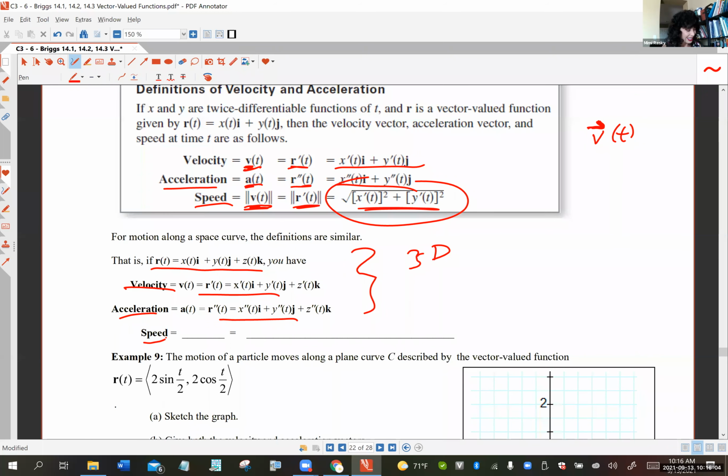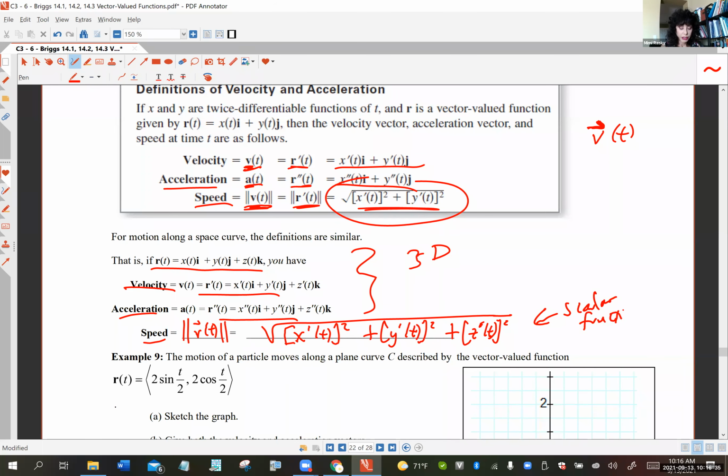And speed, which is the magnitude of the velocity vector, is going to be equal to, fill in the blanks here, a big old square root of x prime of t squared plus y prime of t squared plus z prime of t squared, all underneath the radical. It's considered a scalar function, not a vector function. The speed is a scalar function.